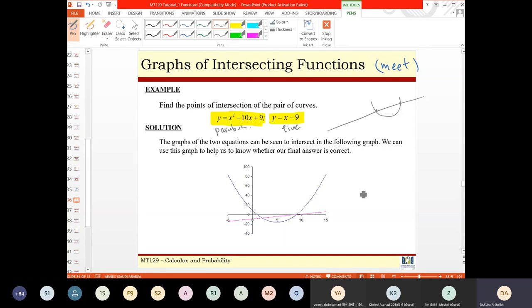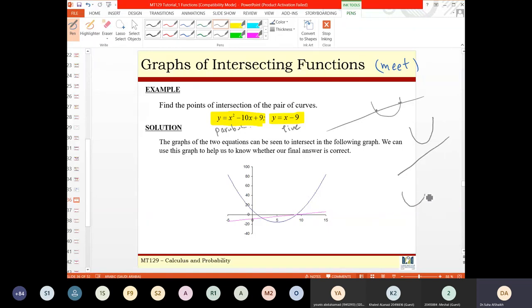Let's finish this part of the intersecting of functions and then I'm going to stop and give you a chance to practice. So I'm talking about a parabola and a line. They could intersect at 2 points. Maybe this is my parabola and this is my line, and they're not even intersecting.